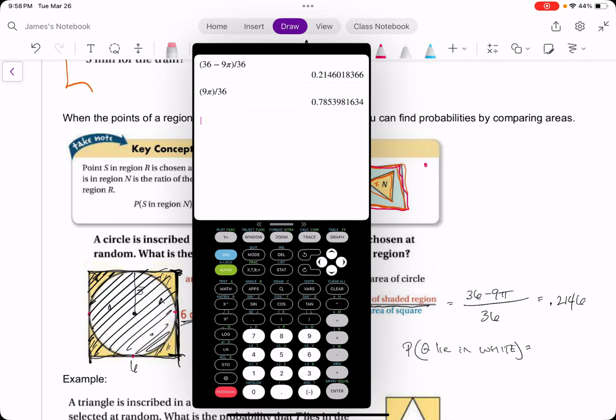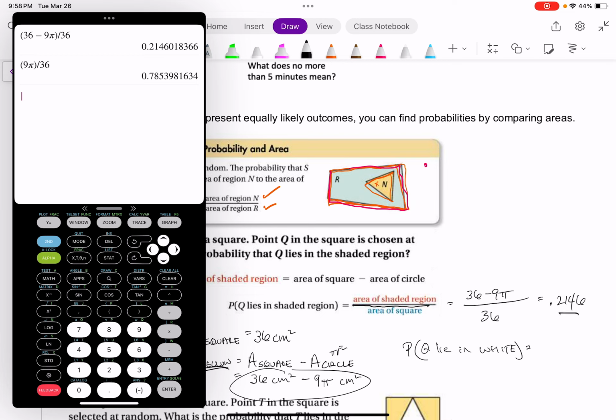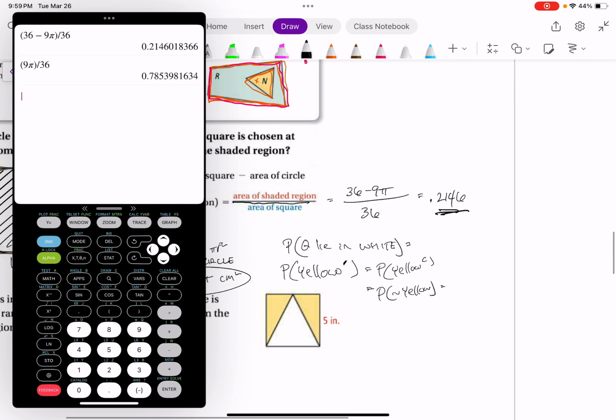Well, this area right here is lying in the yellow. What if I asked, what is the complement, yellow prime, or yellow complement, or not yellow? Okay. Well, isn't that the same as 1 minus the probability of yellow?